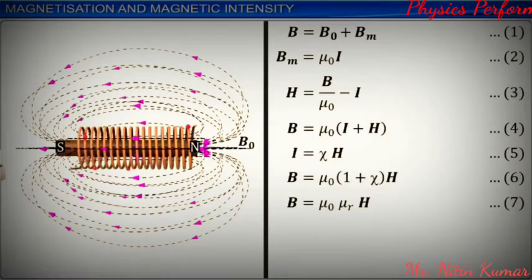The three quantities, magnetic susceptibility, magnetic permeability, and relative magnetic permeability, are related to each other, and only one of them is independent. If one of these values is given, the other two values can be determined easily.